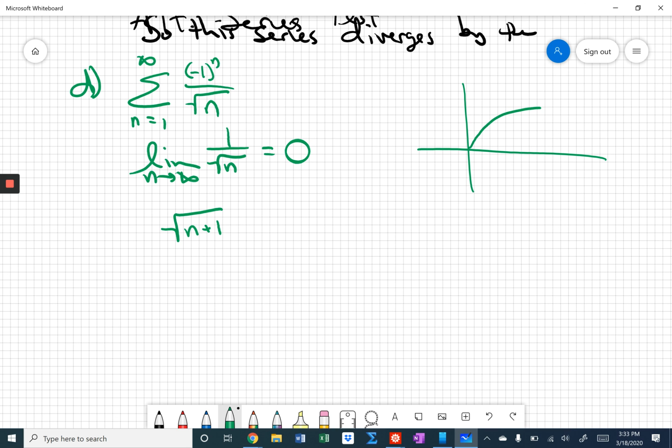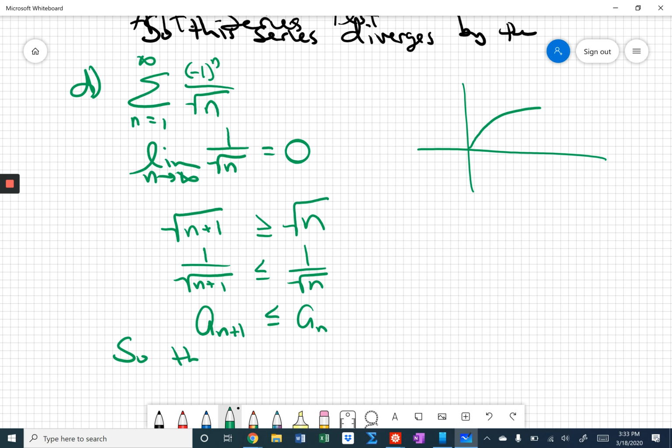So root n plus 1 is going to be greater than or equal to the square root of n. So 1 over the square root of n plus 1 is going to be less than or equal to 1 over the square root of n. So a sub n plus 1 is going to be less than or equal to a sub n. So this series is convergent by the alternating series test.